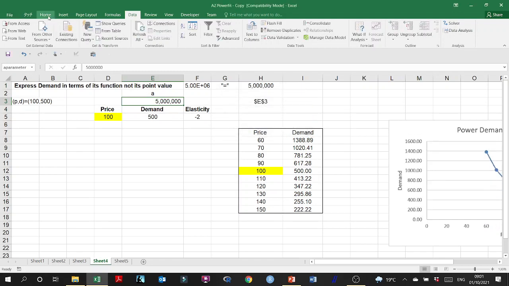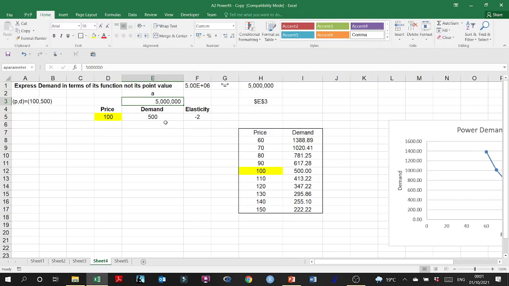Now, if your value here was different than mine, if you were given 5E plus 6, it's the same, because E plus 6 is equivalent to 5 multiplied by 1 million, 1 with 6 zeros after it. So E plus 1 means 10.